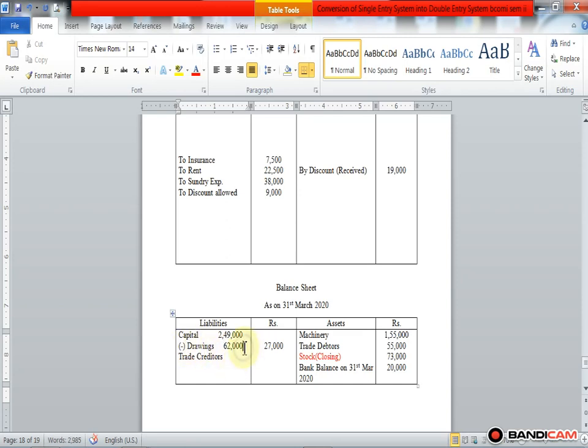The total in the inner column is 2,49,000 minus 62,000, amounted to rupees how much? 1,87,000. Okay, now we close the trading account.